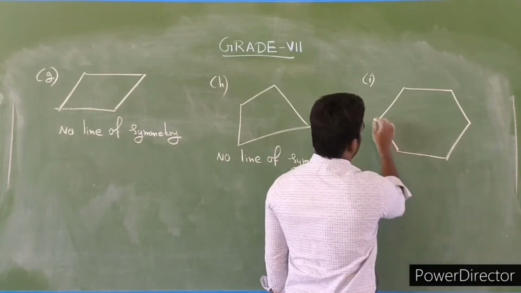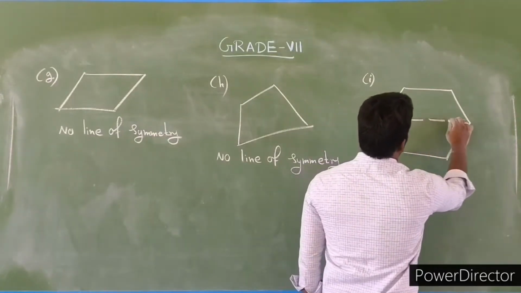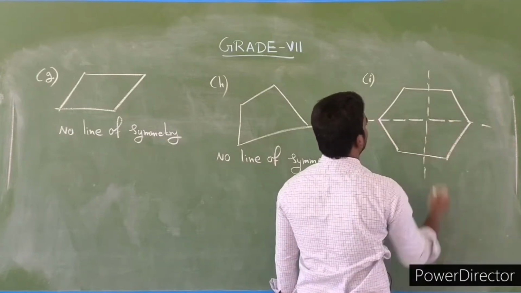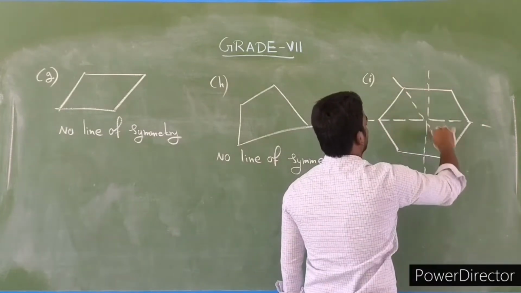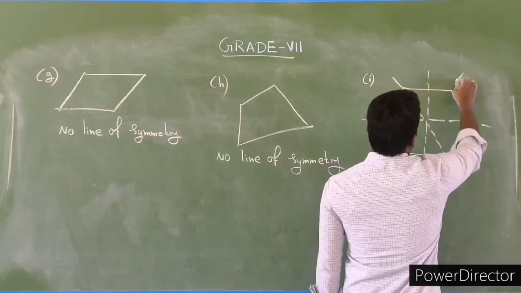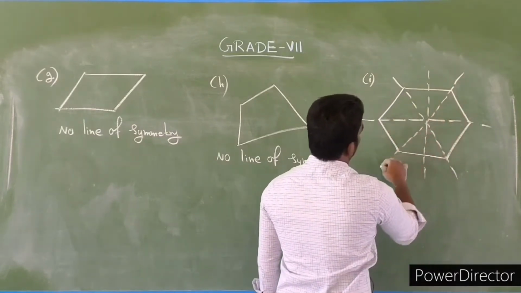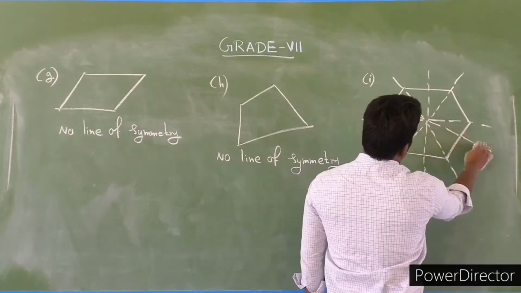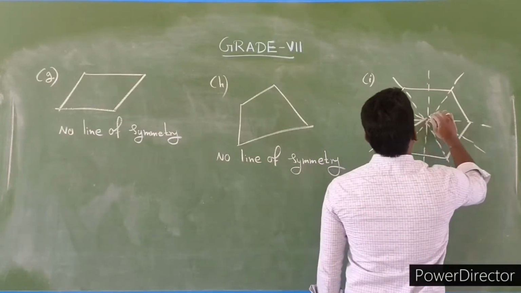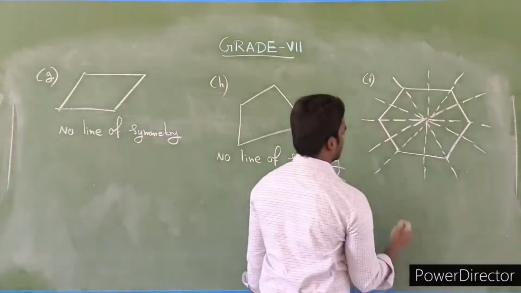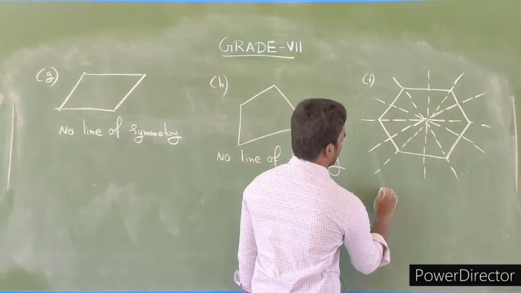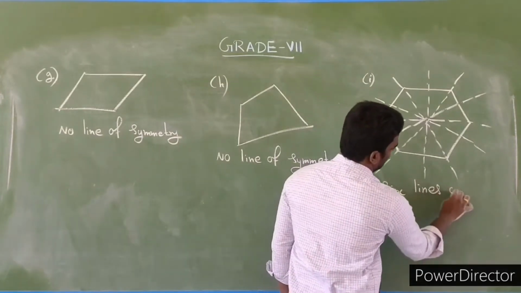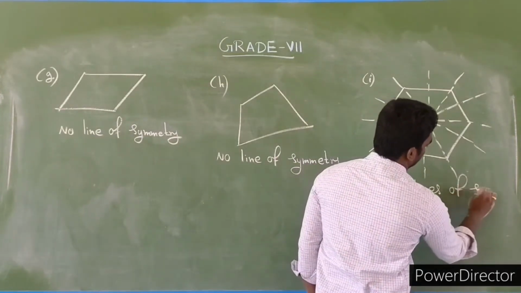So how many lines of symmetry does a regular hexagon have? 1, 2, 3, 4, 5 and 6. So a regular hexagon has six lines of symmetry.